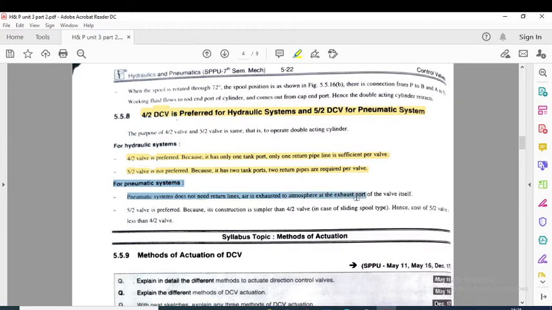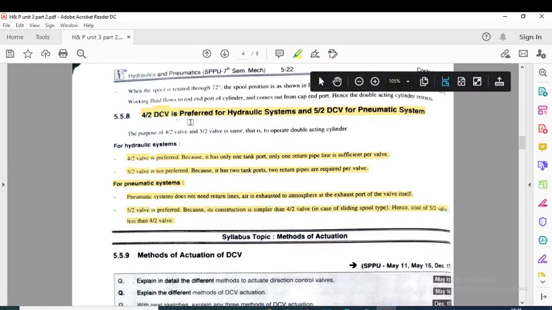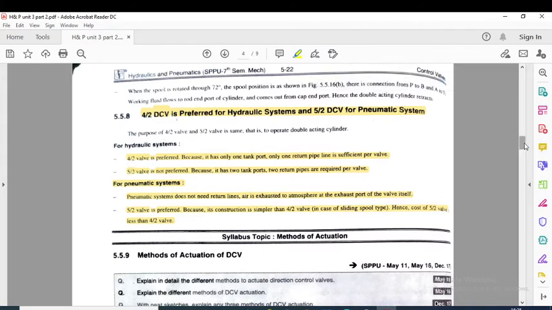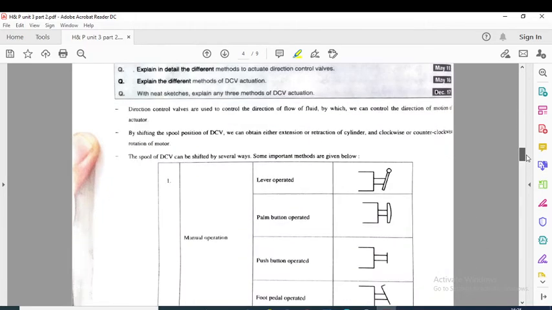Air is free to exhaust to the atmosphere at the exhaust port of the valve itself. The 5/2 valve is preferred because its construction is simpler than the 4/2 valve in the case of sliding spool type. Hence, the cost of the 5/2 valve is less than the 4/2 direction control valve. That's why the 4/2 valve is preferred in hydraulic circuits and the 5/2 valve in pneumatic circuits.